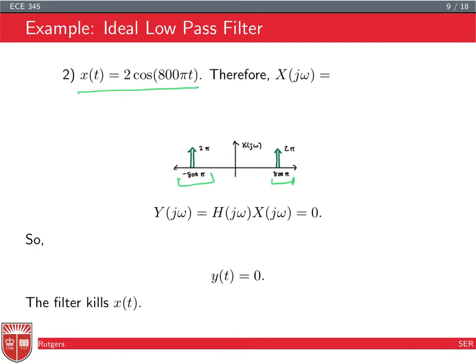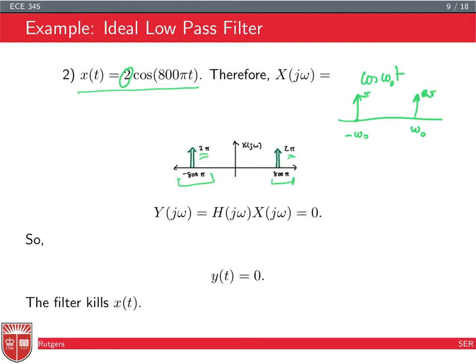Recall that cosine omega 0 t in the frequency domain leads to two impulses, one at omega 0 and one at negative omega 0, with magnitude pi. Sorry, it's not 2 pi, it's pi. But here we have a factor 2, and this is why we have 2 pi here and 2 pi here.